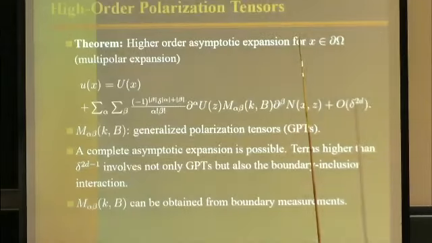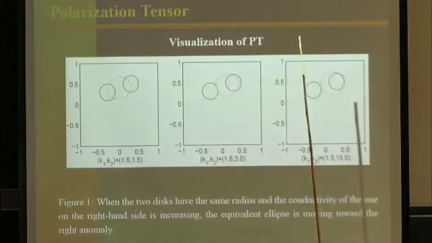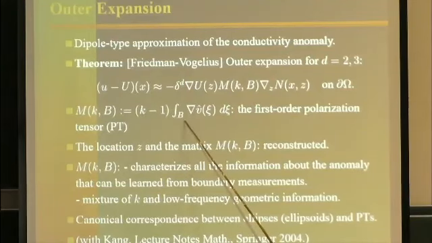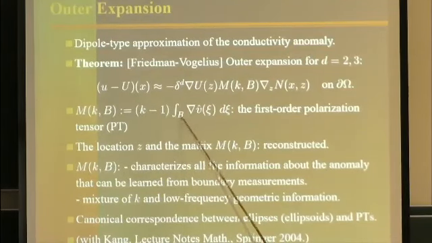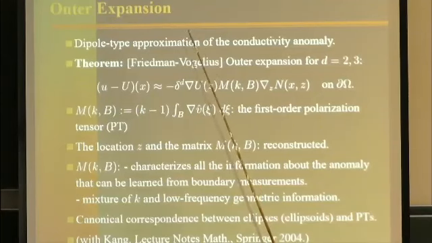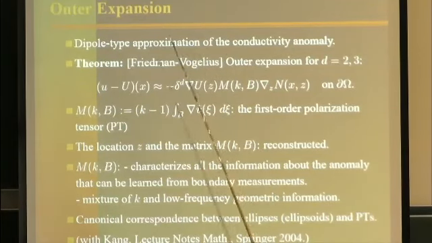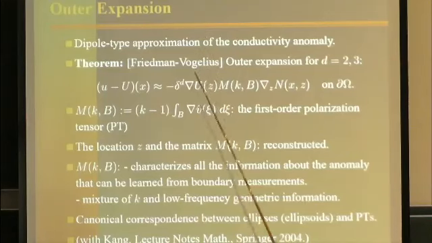The other thing is, if you look at this M, it's a mixture of k and geometric information, and there is no hope to separate the geometry from the parameter. So you make the inclusion smaller with higher conductivity, and it's the same as a larger inclusion with lower conductivity.